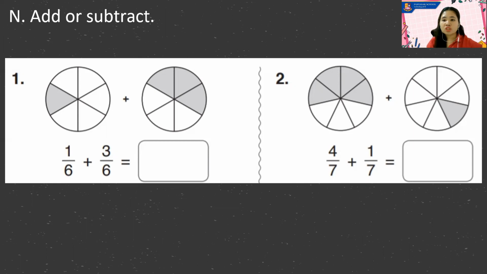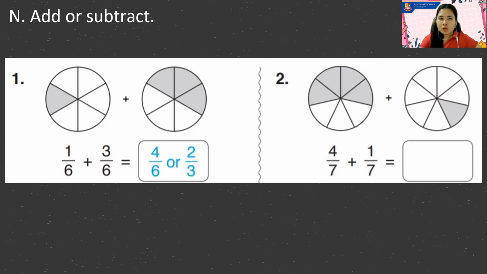Just like what you did when you add or subtract whole numbers, but you have to copy the denominator. 1 plus 3 is 4, right? So the answer will be 4/6 because you just copy the denominator, or you can answer 2/3.